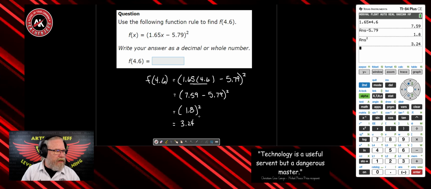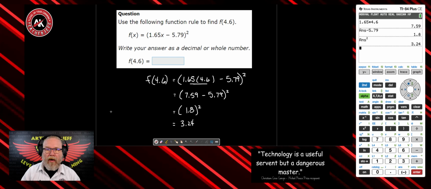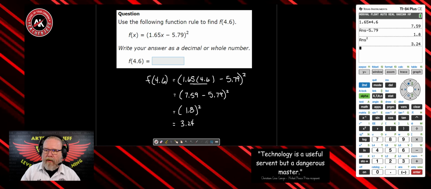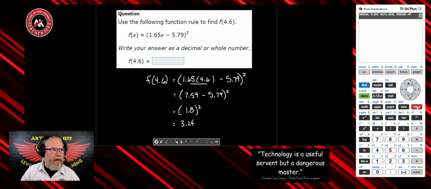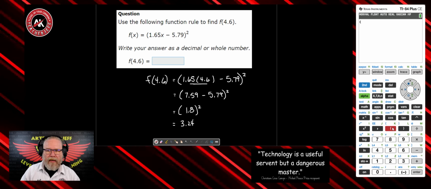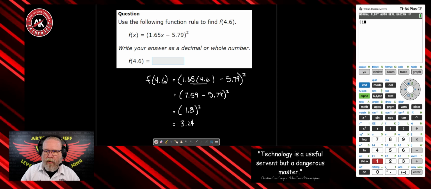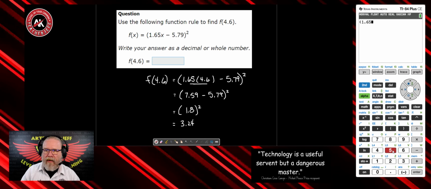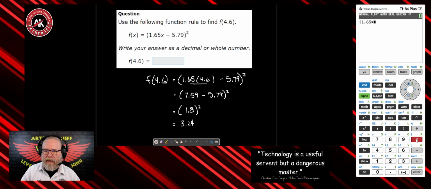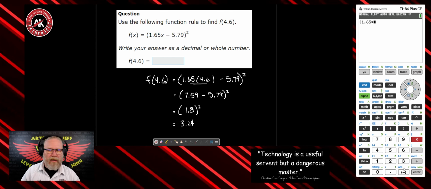So let's see if we can get the calculator to do all of it in one step for us. Go back over to my calculator, clear that out. Now let's do a parenthesis and 1.65. We're going to multiply that times our value of x, which is 4.6.